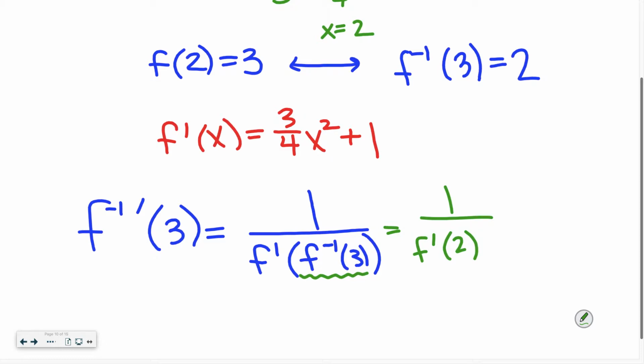Okay. So now all we have to evaluate is f prime of 2. Well, we have f prime written here in red. Pierce, when we plug 2 into that, what do we get?